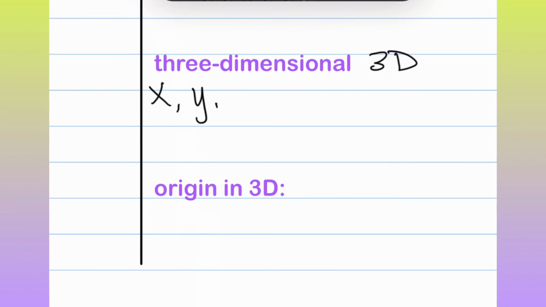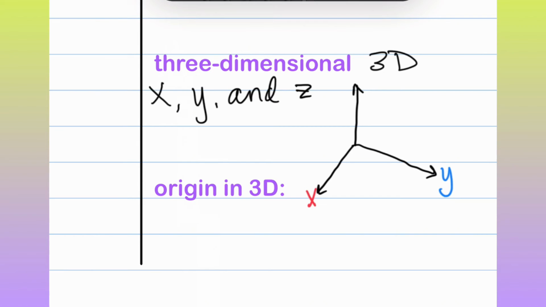So three-dimensional, obviously we could write it as 3D. We're using X, Y, and Z. And again, we've got those 3 axes, where our X is the lower left, Y is the lower right, and Z is the up and down.